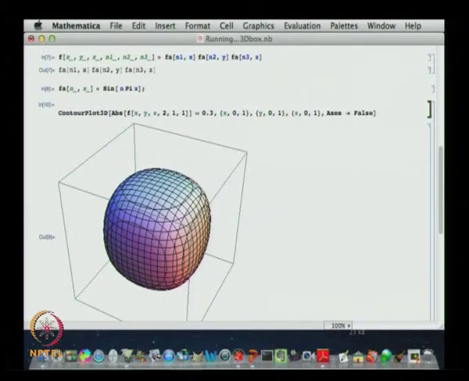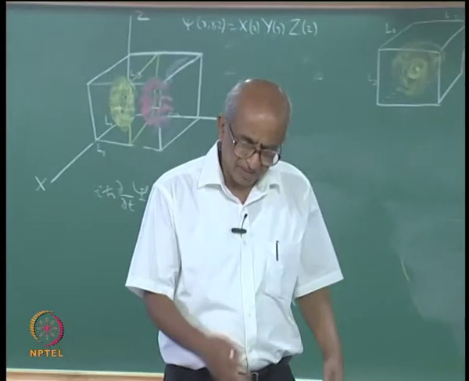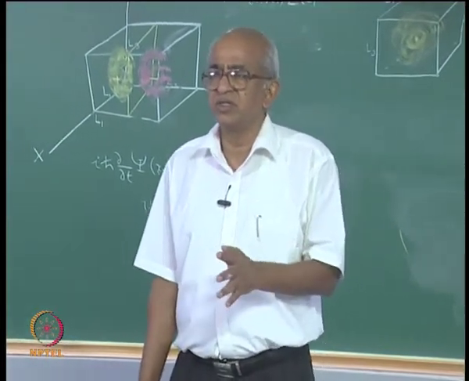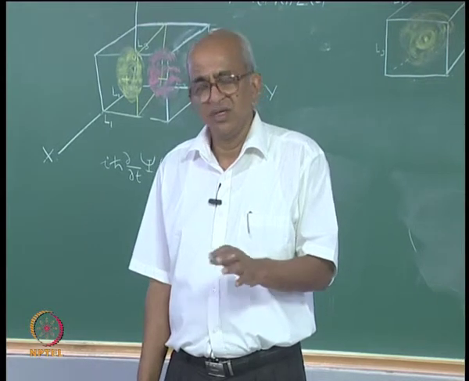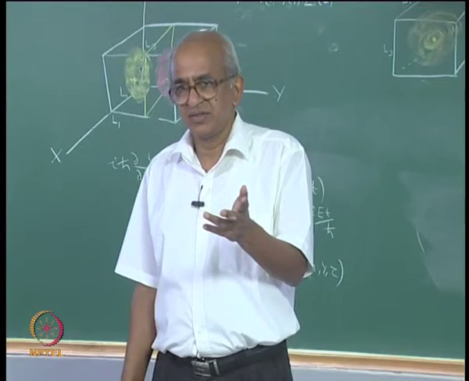So, I have put one of the 3 quantum numbers equal to 2, the others are still equal to 1. So, obviously it is this one that I have put. I can plot other things also. Suppose I said all of them are 2, what would be the appearance?